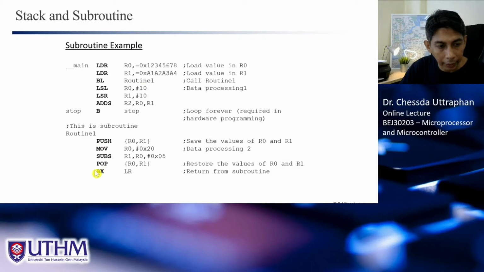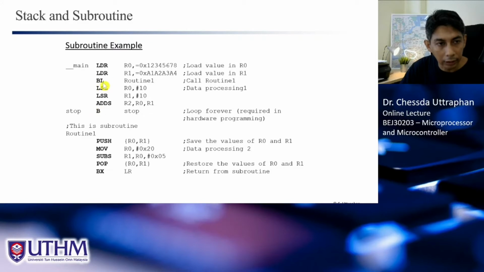And BX means go back or exit the subroutine. So it will execute the next instruction after you call the subroutine, which is this logical shift left, and the next one, and until the end, right?